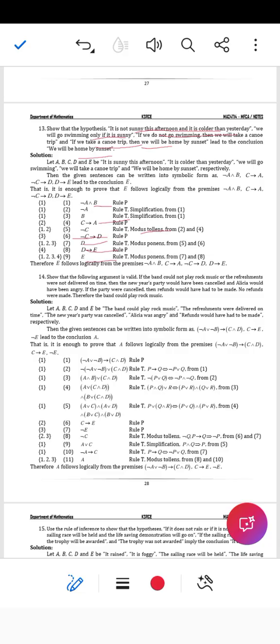So finally we get E from the given premises: negation A and B, C implies A, negation C implies D, and D implies E. Okay, thank you.